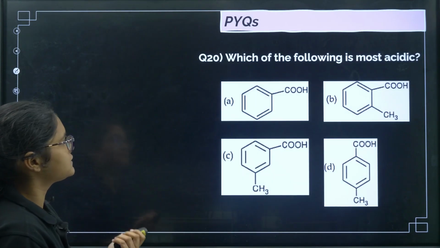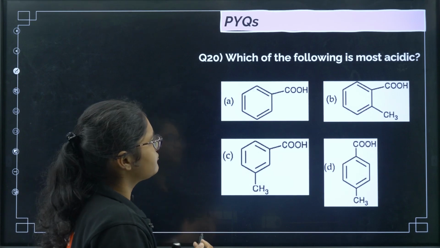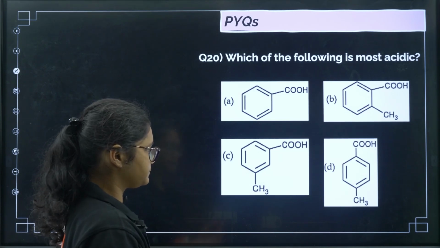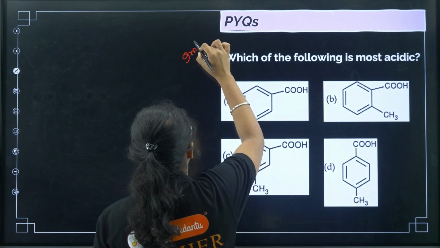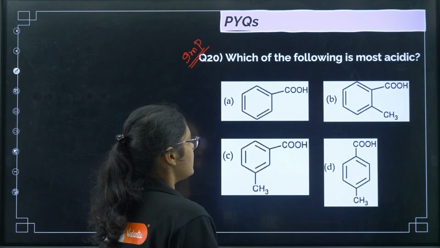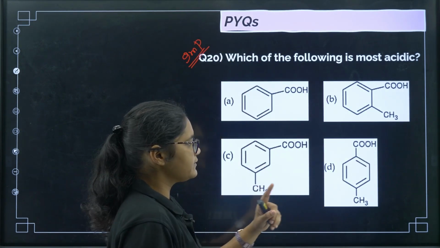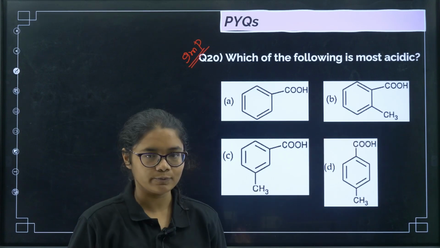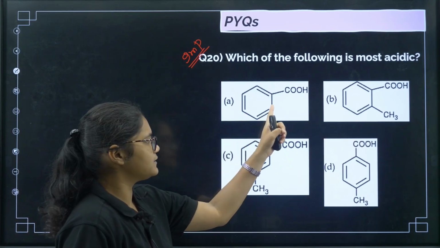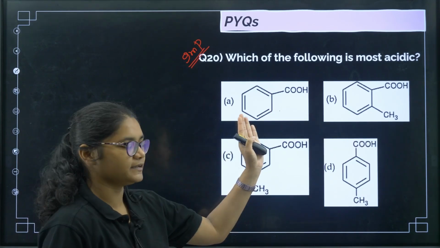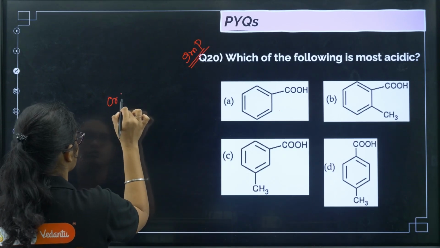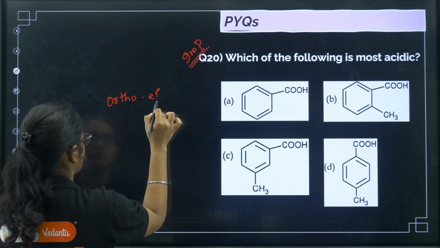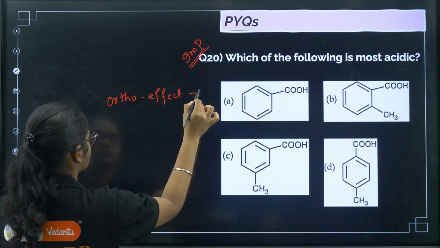Okay. Next, last question. Which of the following is most acidic? So if you see, this is a very important question. Generally you might think that these are all electron donating groups, so acidity will decrease, and that is why this can be the correct answer, because here there is no electron donating group. But here something that you should remember is the ortho effect. What does the ortho effect say?